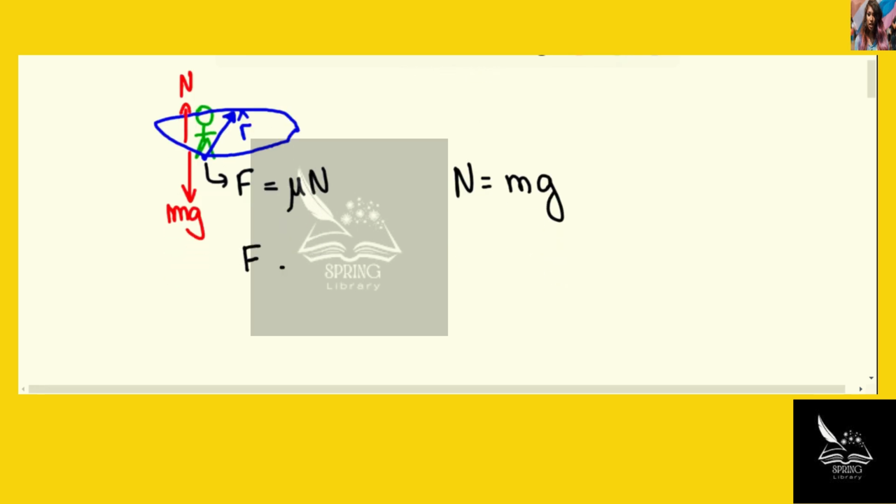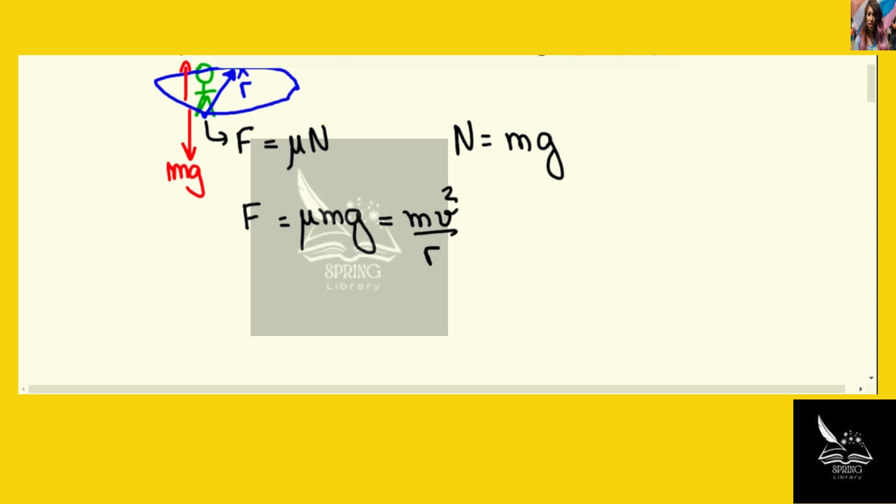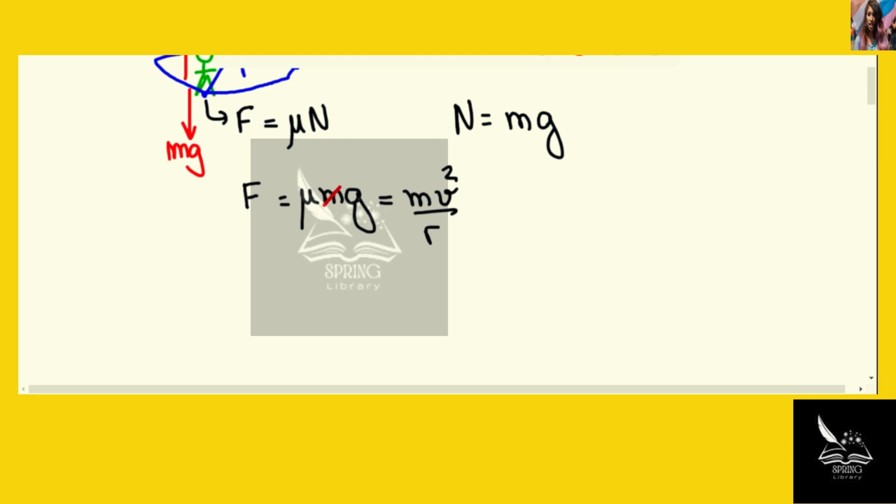So the static friction force is mu times mg, and since this is the only force that acts on the girl, as I said, the net force of a body that's moving in a circular motion is mv squared over r. This is the magnitude of the force. So v is equal to the square root of mu rg.